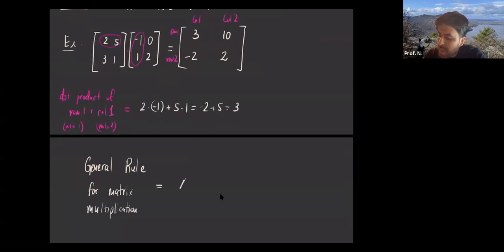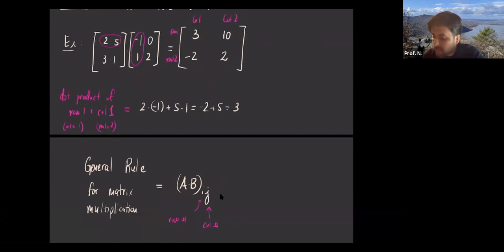If I want to find A times B, and I want to find the ith, jth entry, remember i represents the row number and j represents the column number. If this is A and this is B, this would be A times B. If I want to find the ith, jth entry, what do I have to do?